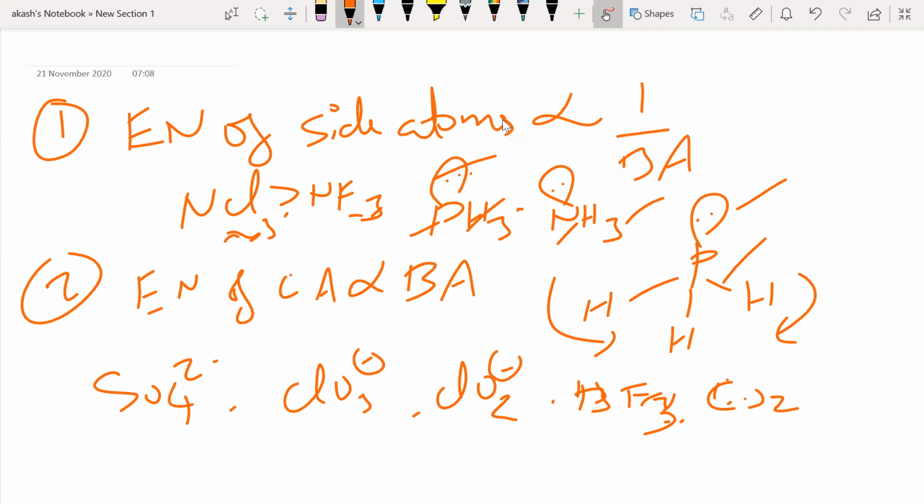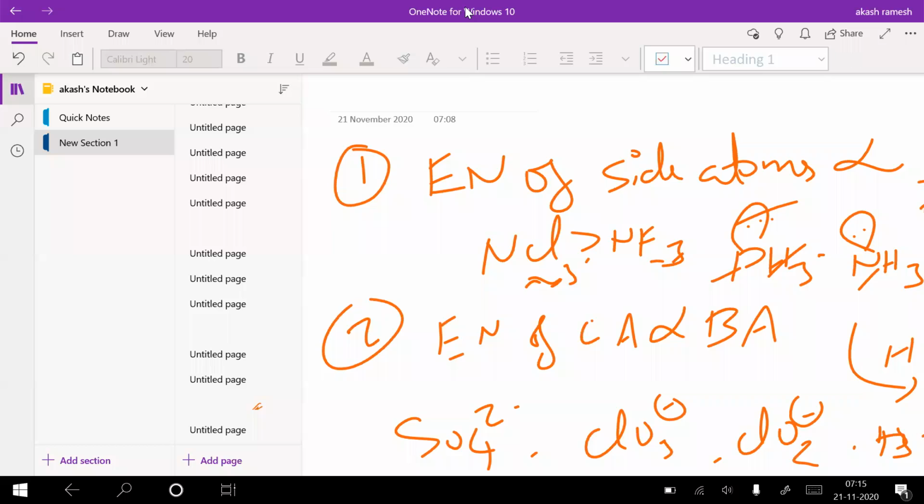So the best way to go about it is to look at the table and try to fit these compounds into whatever types we have seen, AB2L3 or AB4 or something, right? Now let me ask you the easiest question. Which among all these five will have the maximum bond angle?